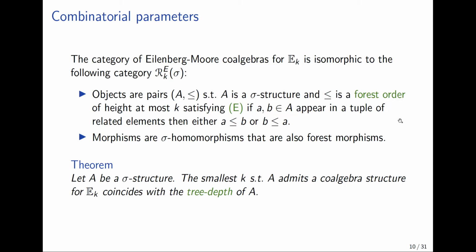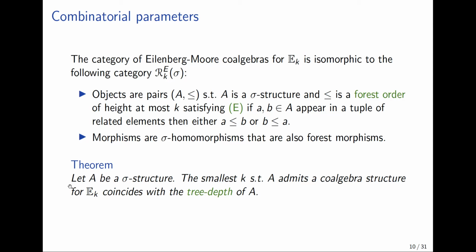And then the morphisms of coalgebras correspond precisely to the sigma homomorphisms, the functions that preserve the relations, that are also forest morphisms. What that means is that they are monotone maps that preserve the height of elements. And once you have this nice description, it's rather easy to prove this theorem.